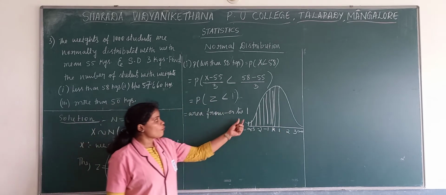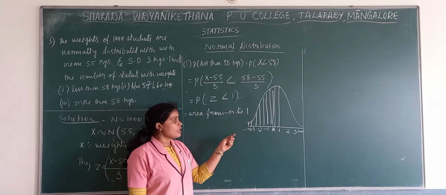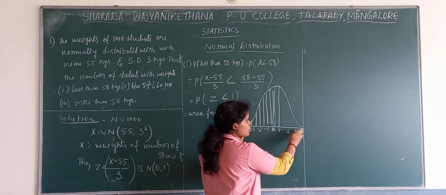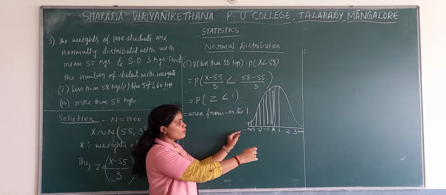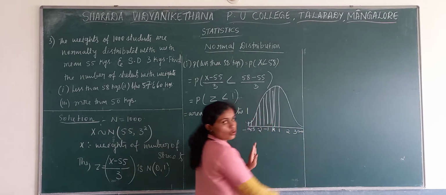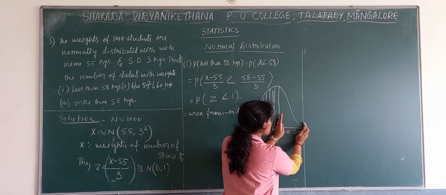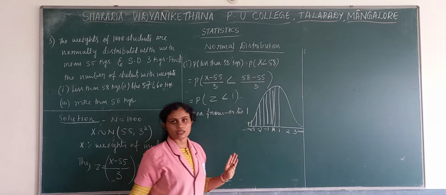How to get the value of this? Now we need to deduct from the area from minus infinity to positive infinity, the area from 1 to infinity. What will remain when we deduct this particular part? This area will remain.